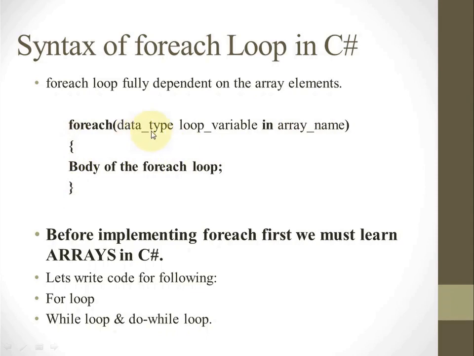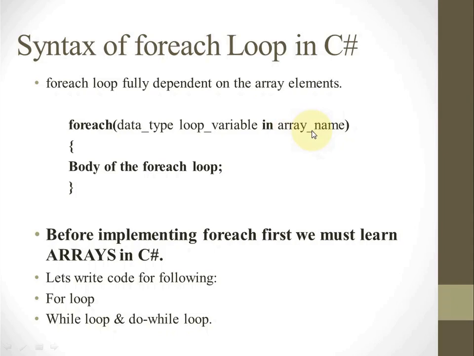As you can see, there is no initialization, no condition, and no incrementation or decrementation, because you cannot initialize, you cannot give a condition, and you cannot increment or decrement this loop, because this loop is fully dependent on the array.